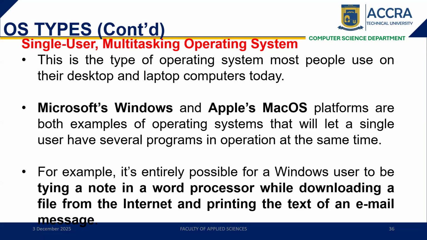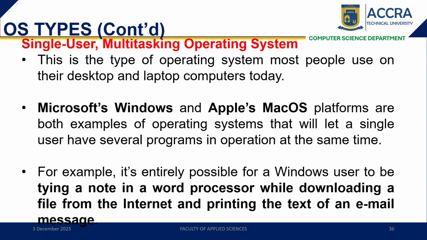For example, it is entirely possible for a Windows user to be typing a note in the Microsoft Word processor while downloading a file from the internet and printing the text of an email message. It is highly possible. In fact, it becomes comfortable to do that. I don't have to open my mail and then close it before I can do something else.